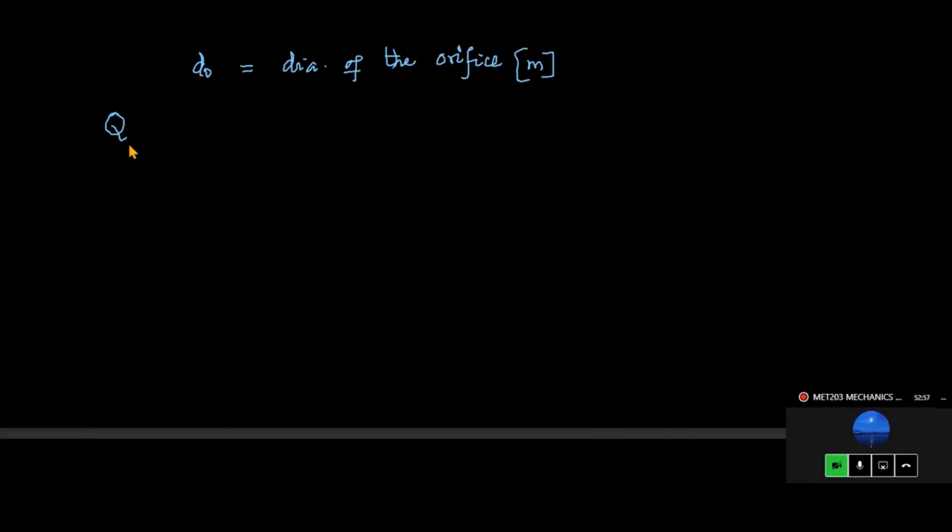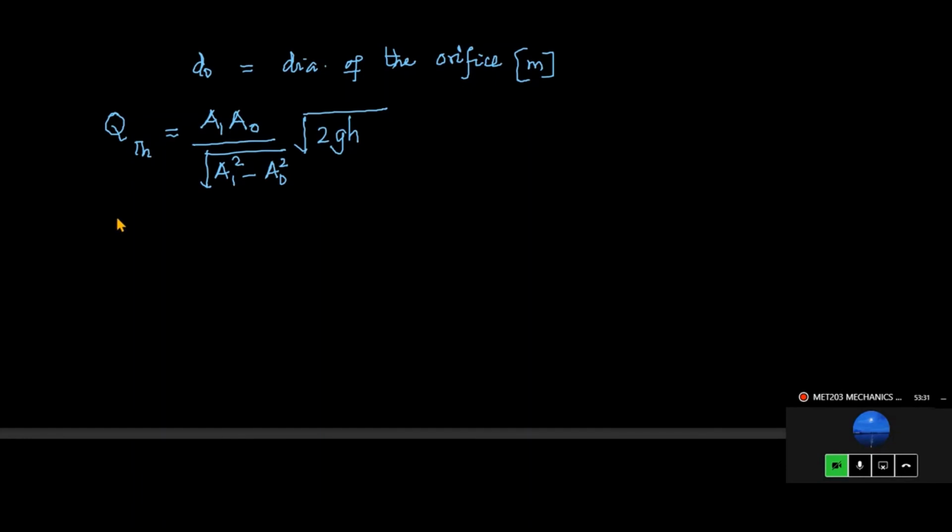So Q theoretical in this case also will be, instead of A2, it is A0. That is the only difference. A1 is the area of the pipe and A0 is the area of the orifice. So Q theoretical is A1 A0 divided by root of A1 square minus A0 square, into root of 2GH, where H is the differential pressure head, as you know.